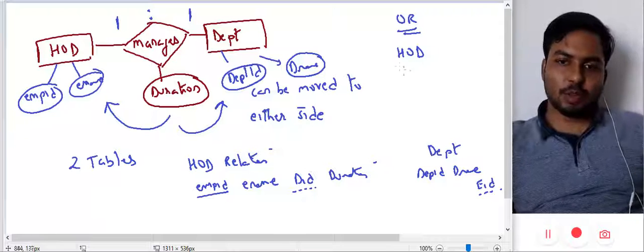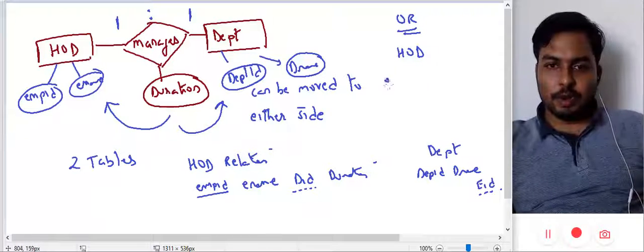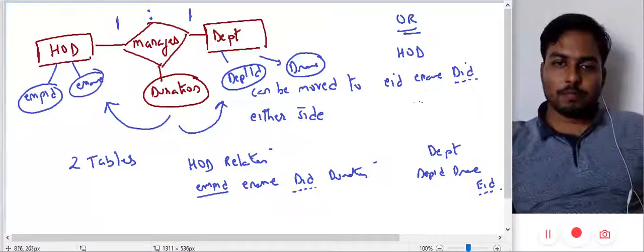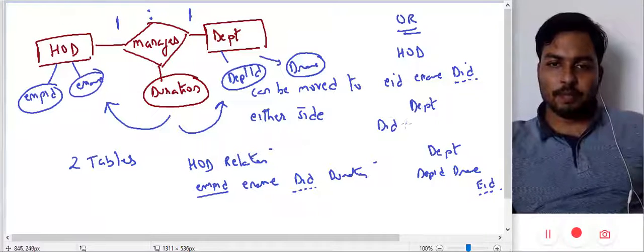The other scenario is what? You have an HOD relation where you have employee ID, employee name, and department ID as a foreign key. And you are having the department table where you have department ID, department name, employee ID as a foreign key, and the duration column.